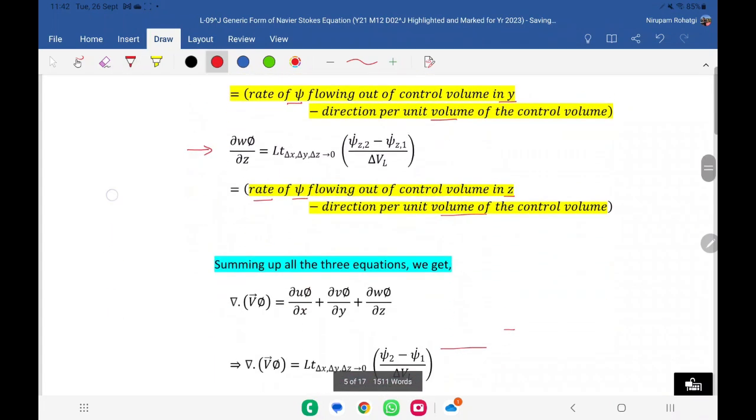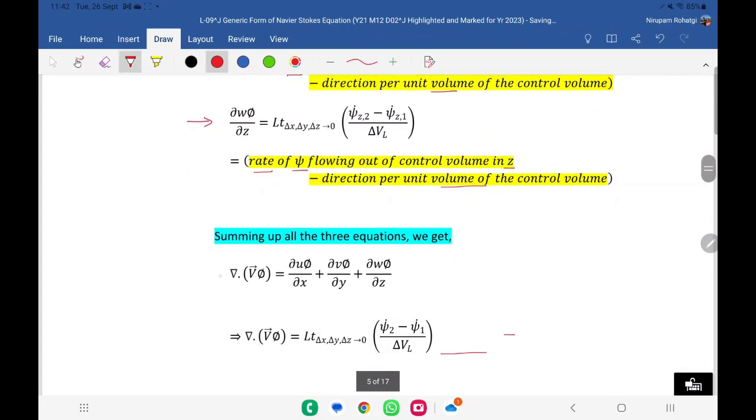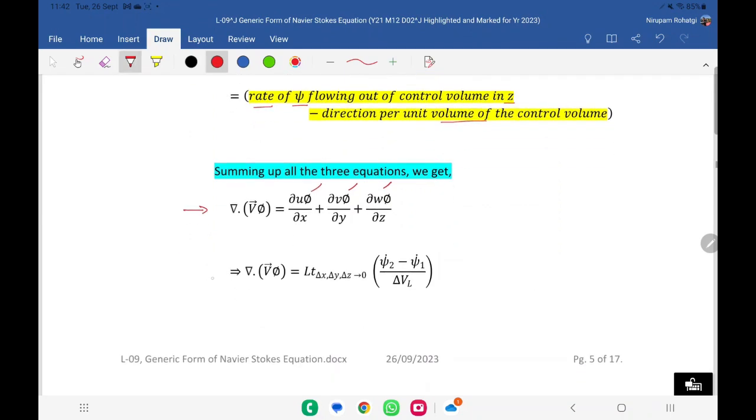You can combine all these three, you get this. These are the three terms we talked about. And these three terms are equivalent to psi flowing out in x direction, in y direction, and in z direction. What does that mean? If you combine them, it is psi flowing out from any surface, the overall psi flowing out.